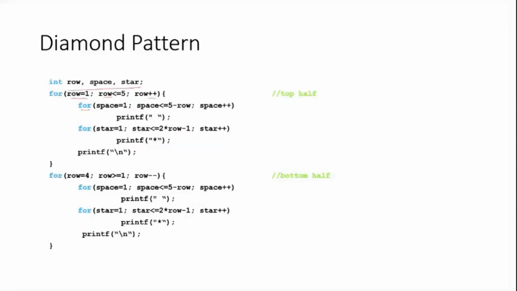So 2 times row minus 1 stars are to be printed, then star plus plus, and it prints the star. Once these 2 loops are executed, that is, the spaces and the stars are printed, it has to go to the next line.